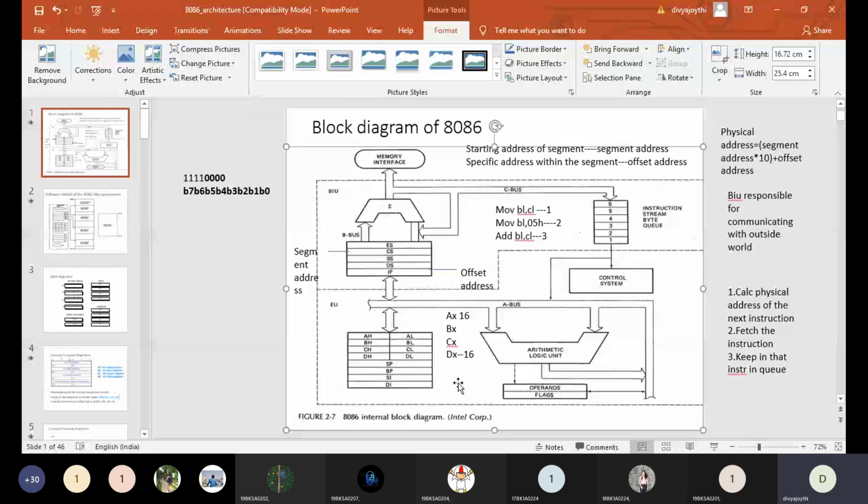In short, we can say that index and pointer registers are used for holding the offset address. Guys, are you clear? Yes, ma'am. And segment registers, there will be 4 segment registers, and all those 4 will store the starting address corresponding to the segment.